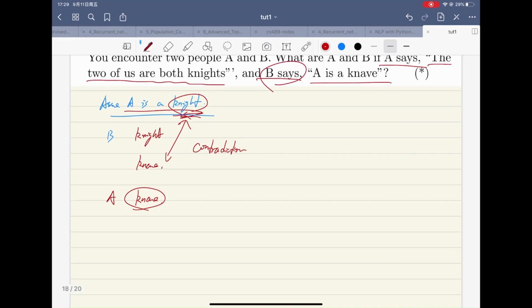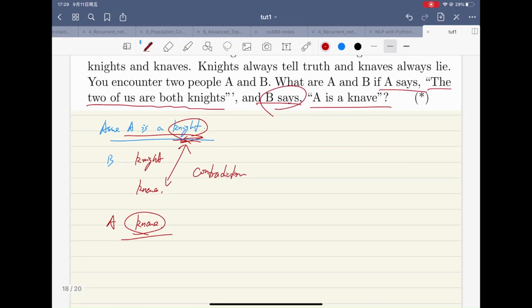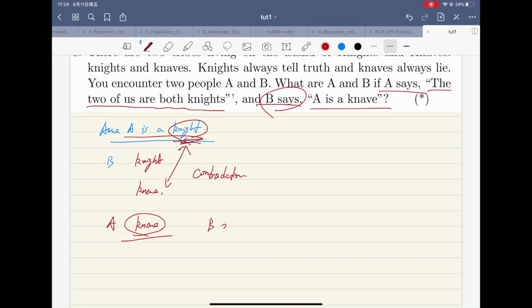B says A is a knave, and our conclusion is A is a knave, right? Then B must be a knight, because a knight always tells the truth. Cool.